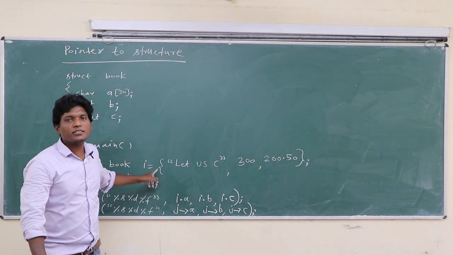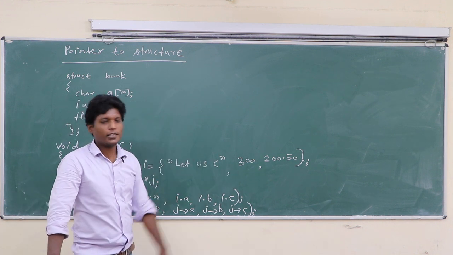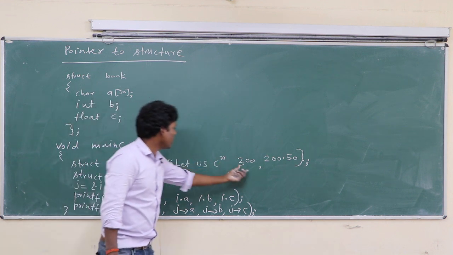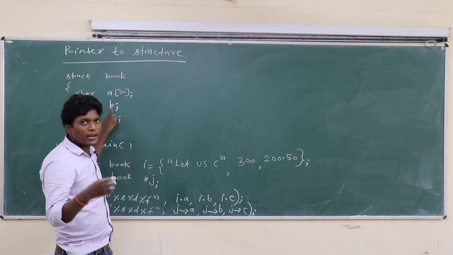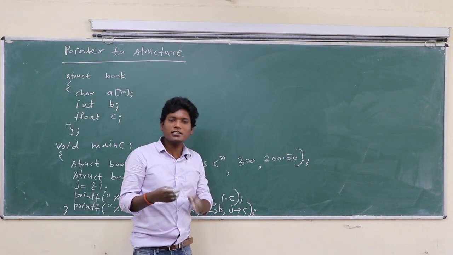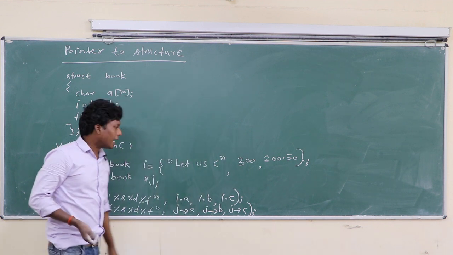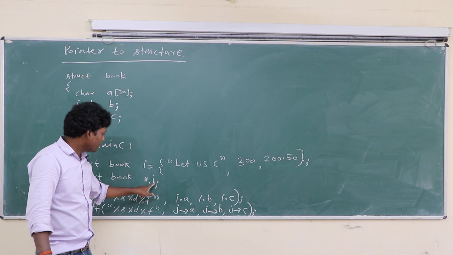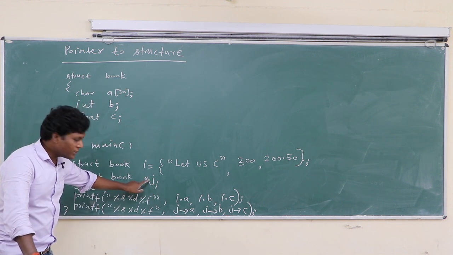So i is a normal structure variable, which is initialized here. This is the name. This is the number of pages, which are integer. This is the price of that book. Okay class, we declare another variable j, but here is an asterisk.